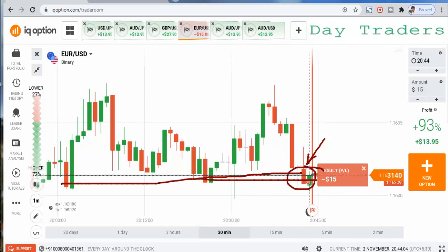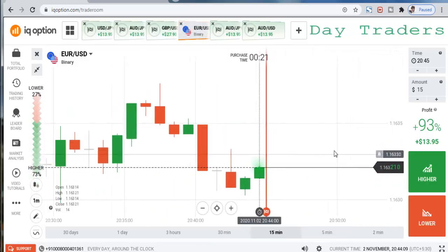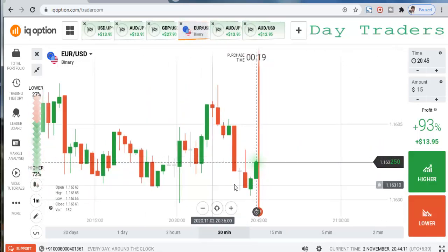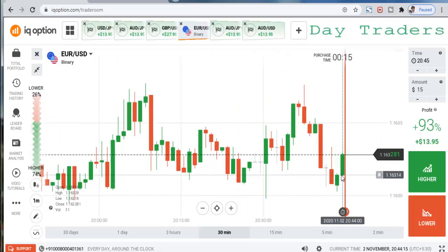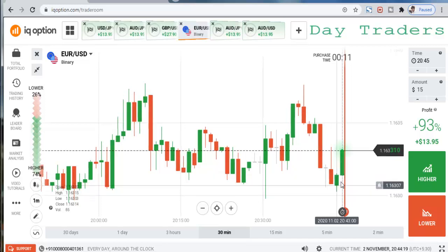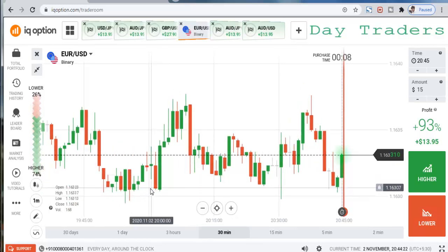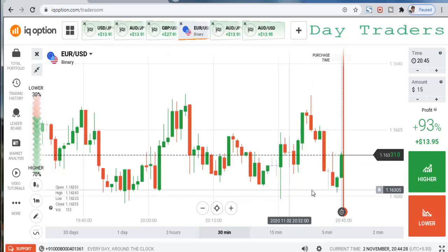So let's see, I will try to record this trade. Okay, actually I placed this trade, a higher option, very strong buyers area. This type of single candle does not break out this level.